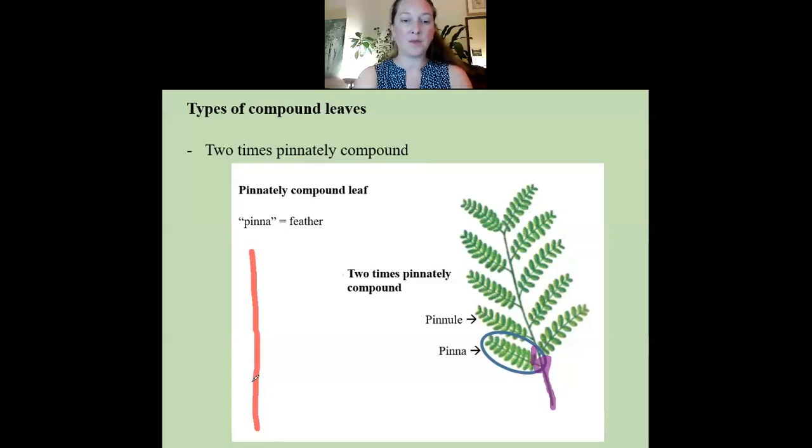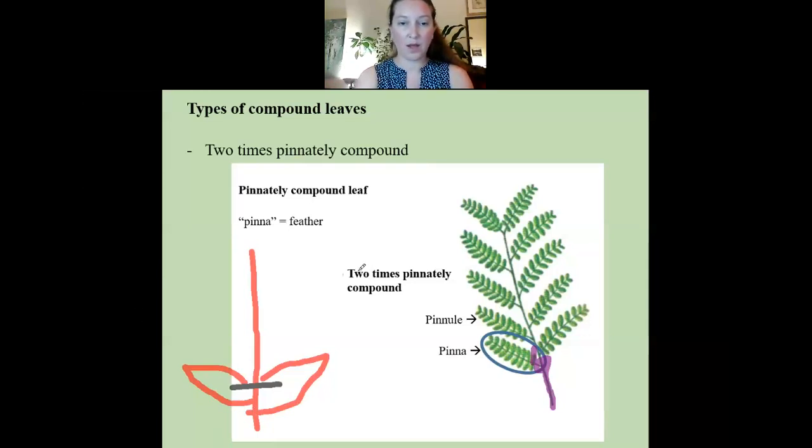If it's 1 times pinnately compound, there's only one division. So the leaflets are going to look like this, right? One division.